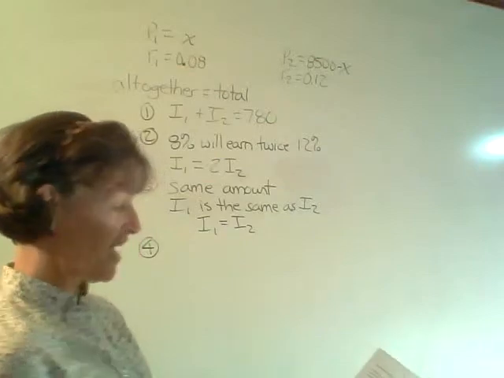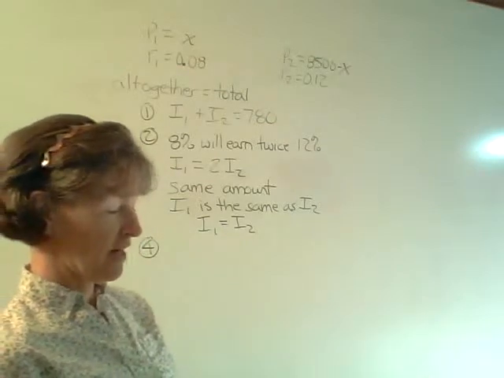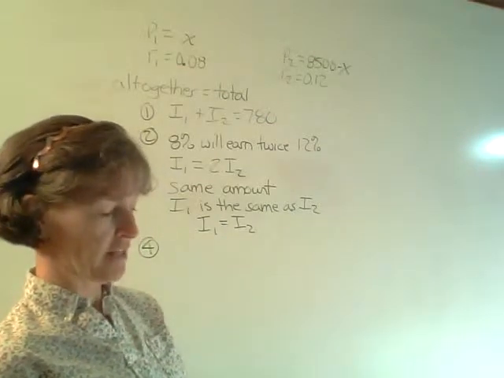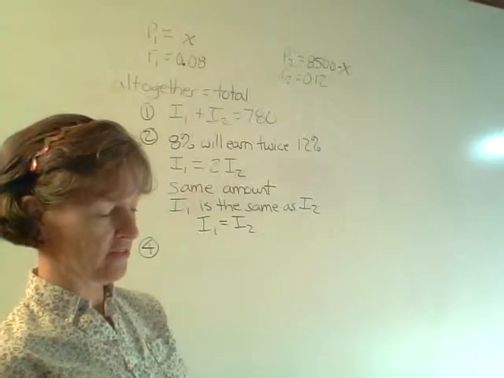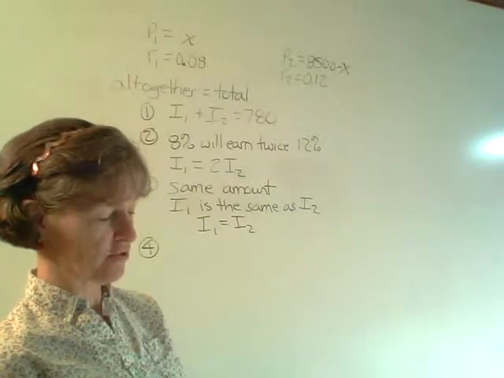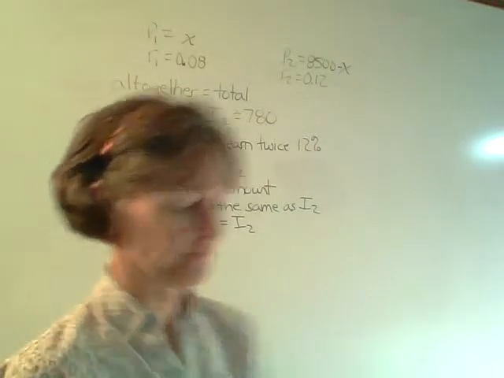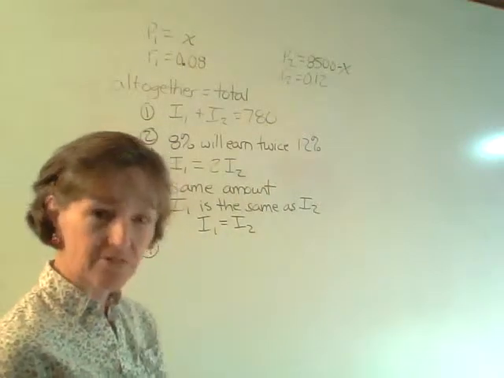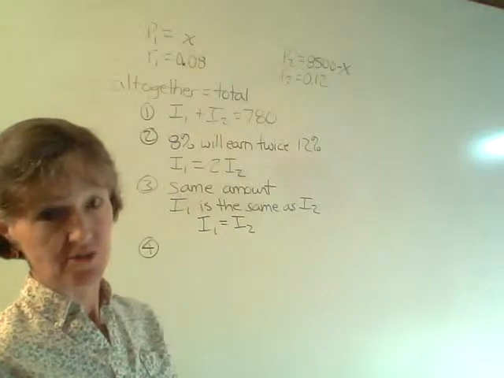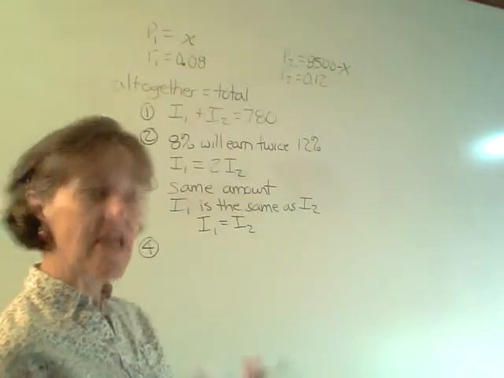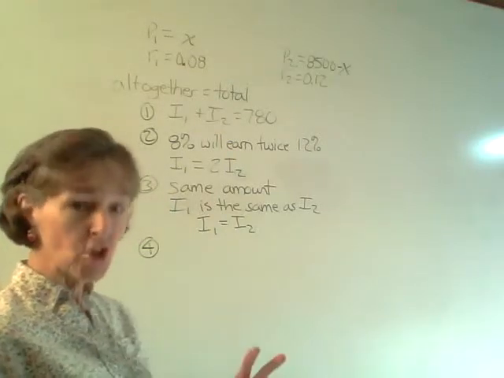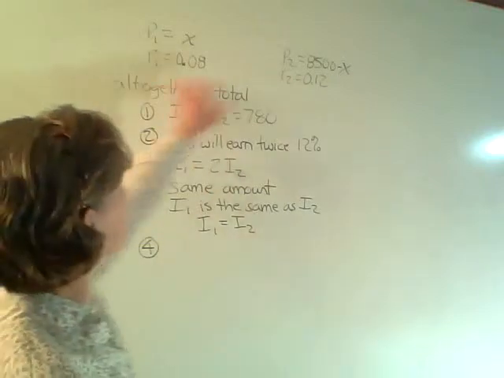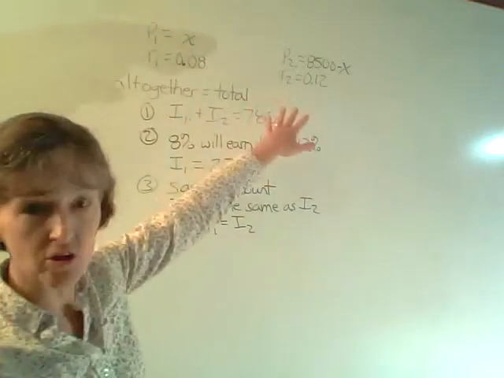Problem 4. How much would they have to invest at the 8% rate in order to have $9,280 at the end of the year? The money they have includes not just the money that they earned, but the money that they started with.